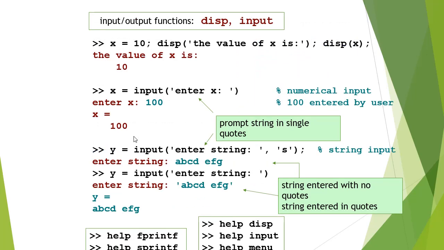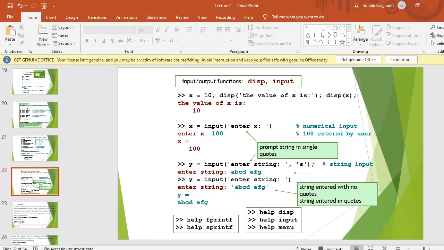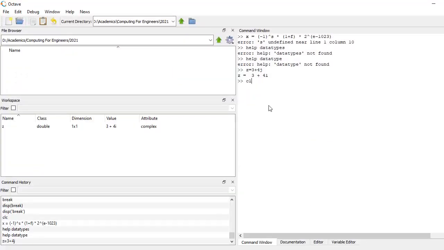So we have output and input functions. I already talked about display, which helps us to output the value, and then input helps us to capture from the keyboard. For instance, if we wanted to write something, let me just demonstrate using this. CLC.